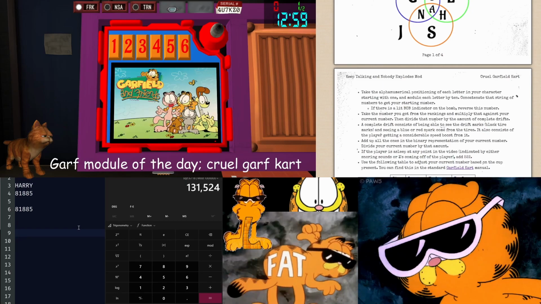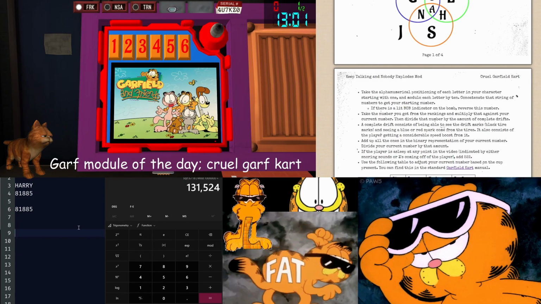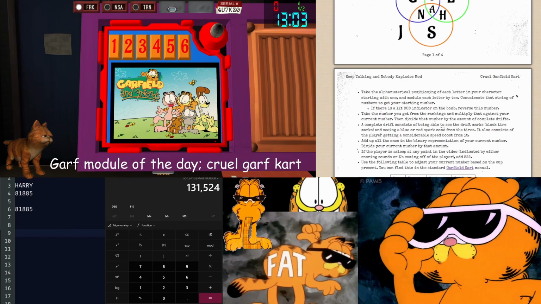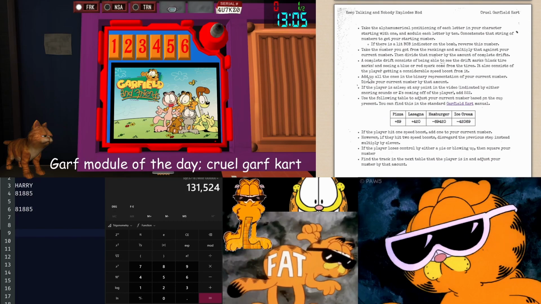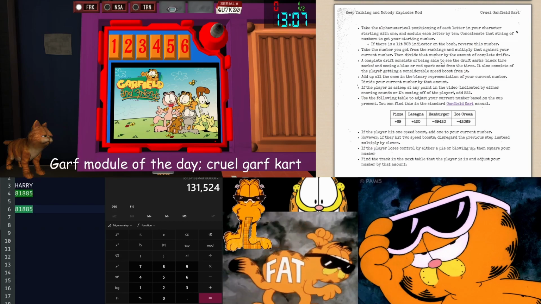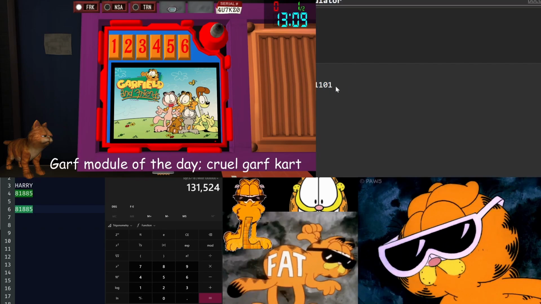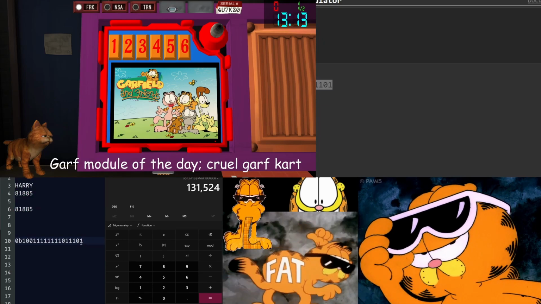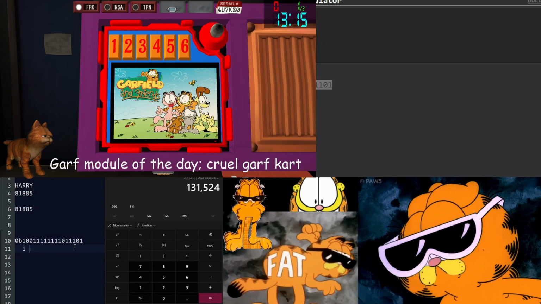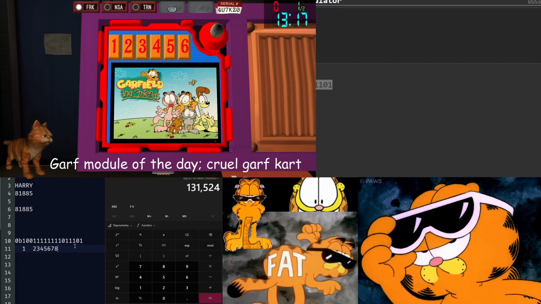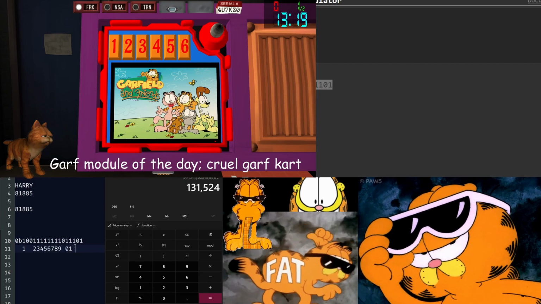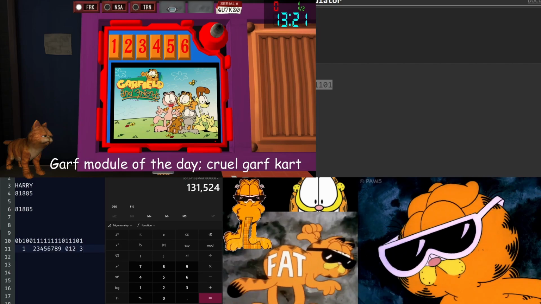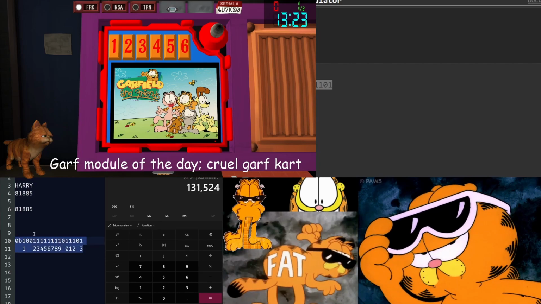Again, 1, so nothing happens. Then we need to add up all the 1s in our binary representation. This is exactly what it was last time. It was this number, which had 13 ones.